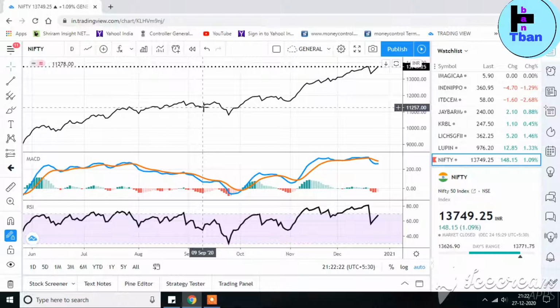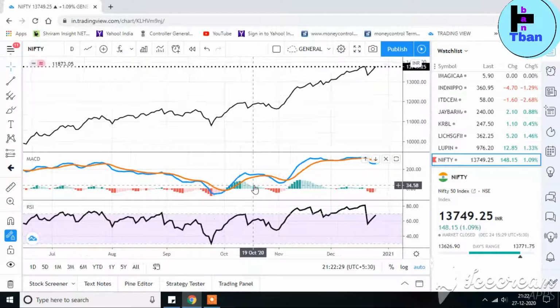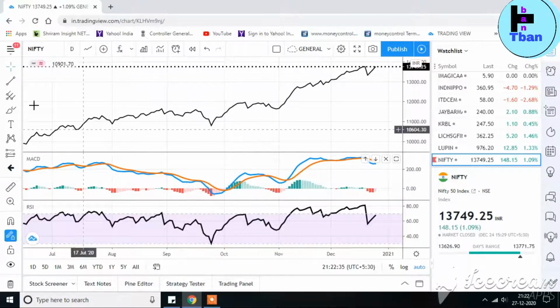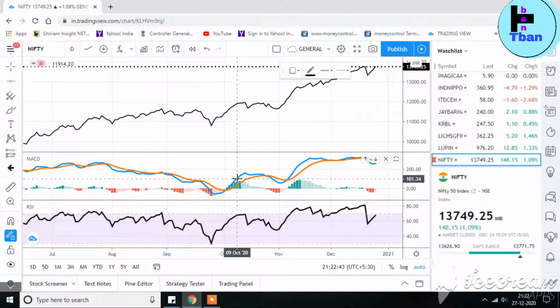But here you also observe this histogram of MACD, this top and this top. I am also joining this top. You also realize it. This top to this, just a minute.